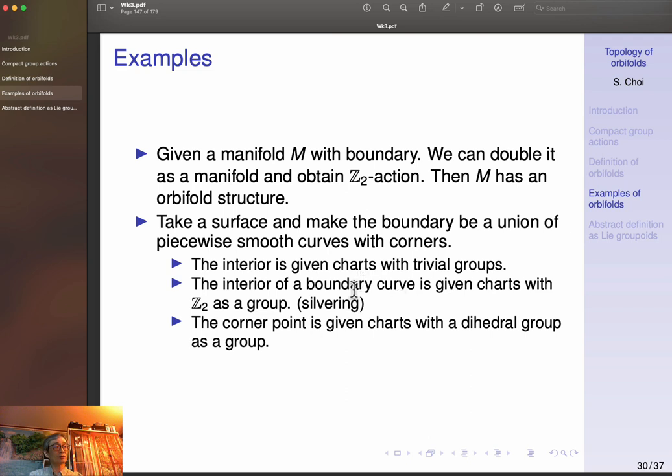The corner points are the ones corresponding to the corner, and then you can give a dihedral group action as the group in this chart, because if you look at the dihedral group action on R^2, you see that you can find a neighborhood which will model some corner smoothly. So you can always give this kind of structure there.